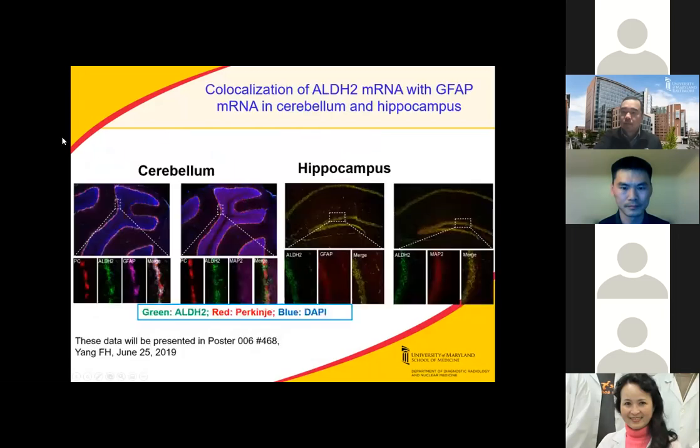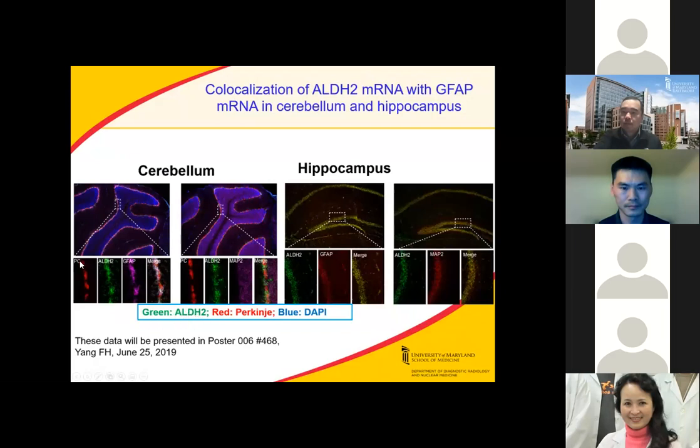That's for the tissue level, and then we have co-localization of ALDH2 messenger RNA with GFAP messenger RNA in cerebellum and hippocampus. That's for example to see which cells specifically express the ALDH2 messenger RNA, in which subtype of cells. Here we have two examples, cerebellum and hippocampus. We labeled the ALDH2 gene with green.